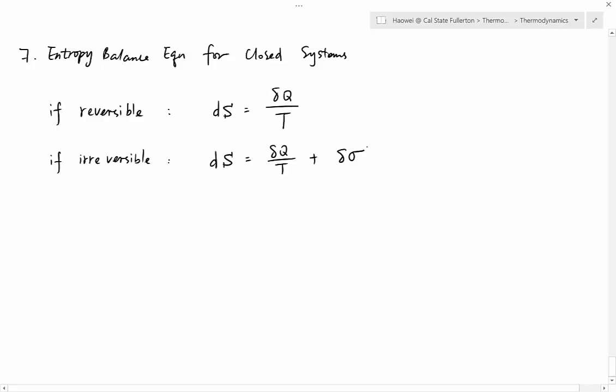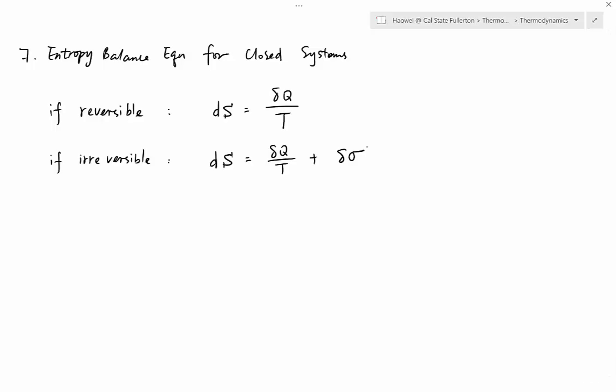Sigma is called entropy production, which we introduced under Clausius inequality. If sigma is equal to 0, that means the system is reversible. If sigma is greater than 0, that means it is irreversible. And if sigma is less than 0, that means your design is impossible.